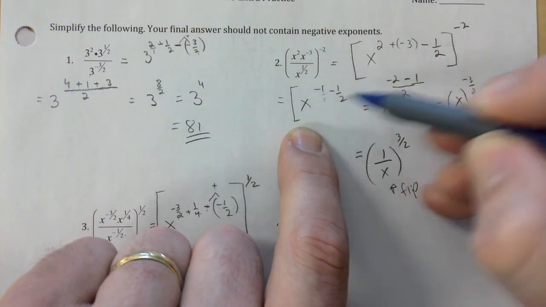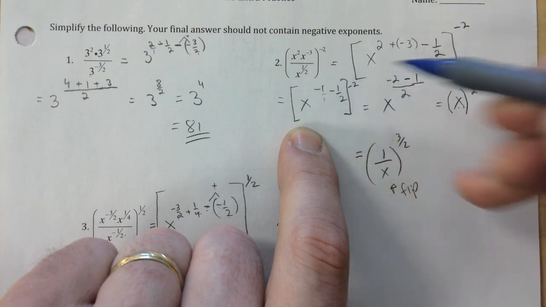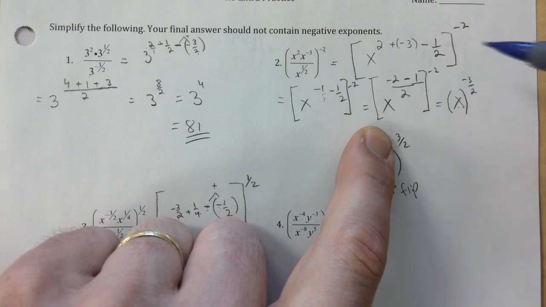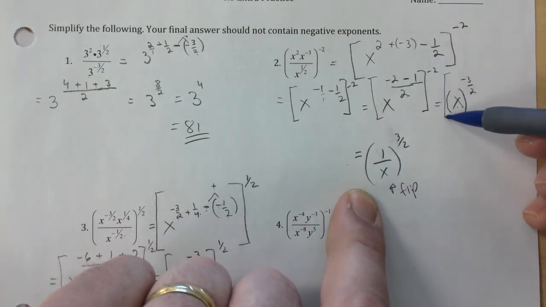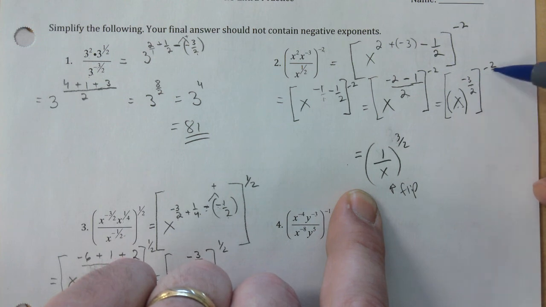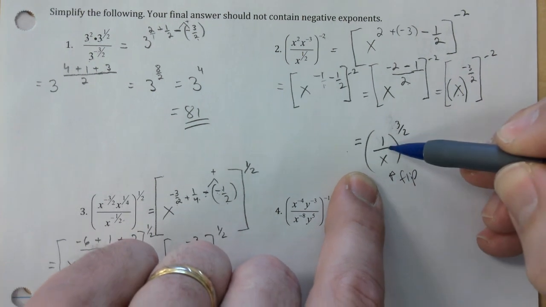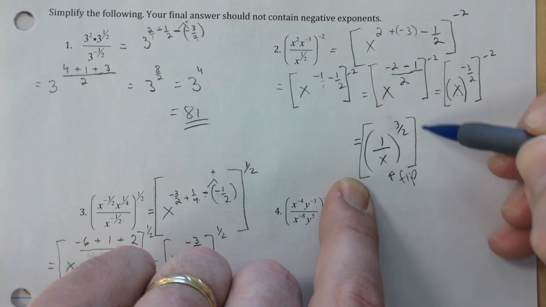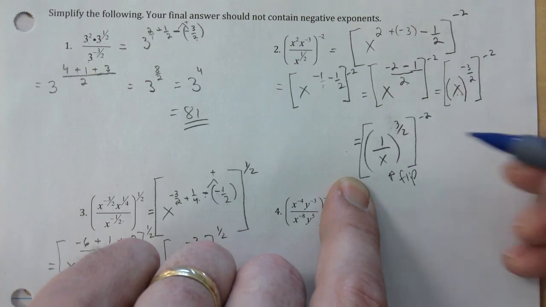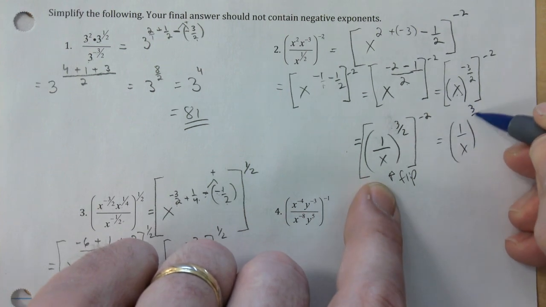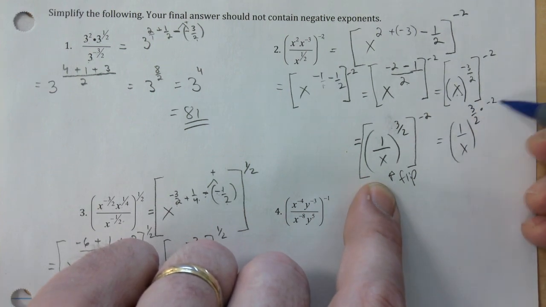All along, there's a -2 there. You could have addressed it here already, but we flipped it, and the -2 is still there. So it's 1x 3/2 times -2 like that.